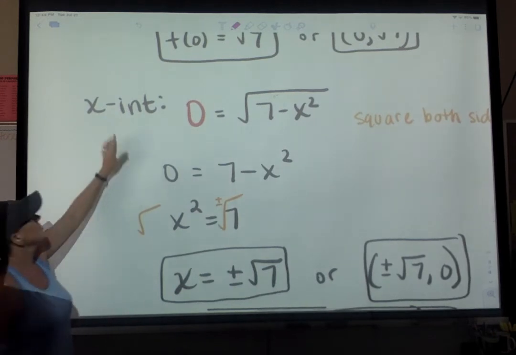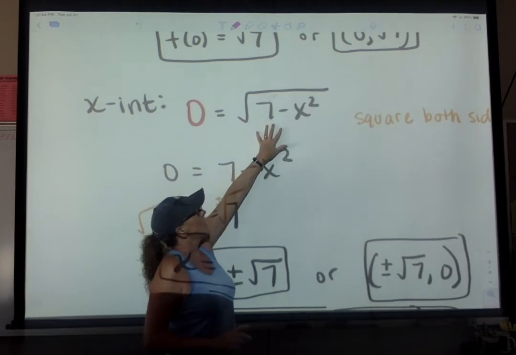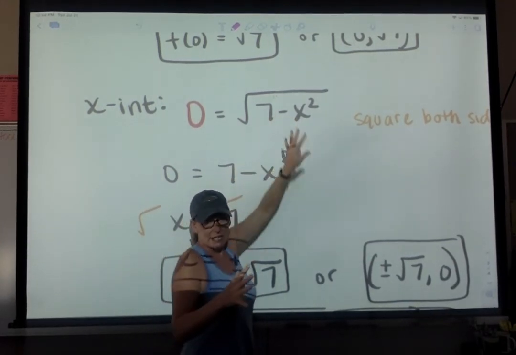Okay. X-intercept, I set y equal to 0. Now, to solve this, I notice that all of this is under a radical, and I need to free it.